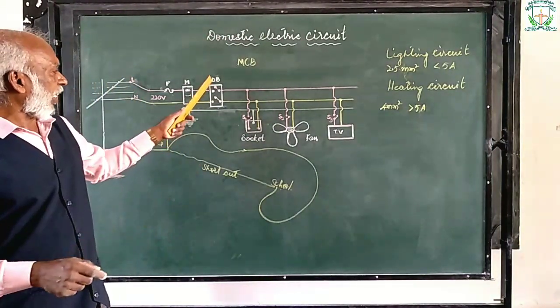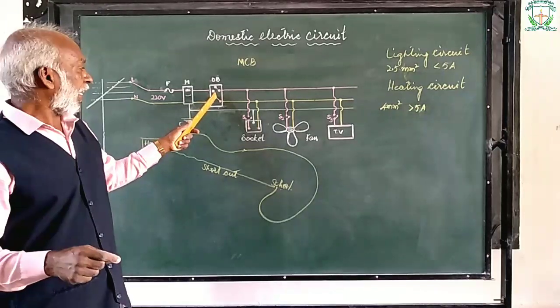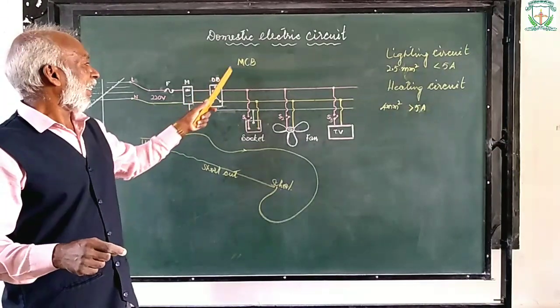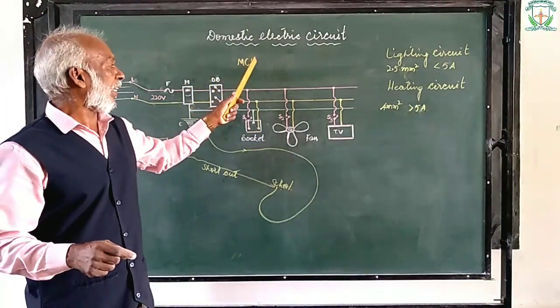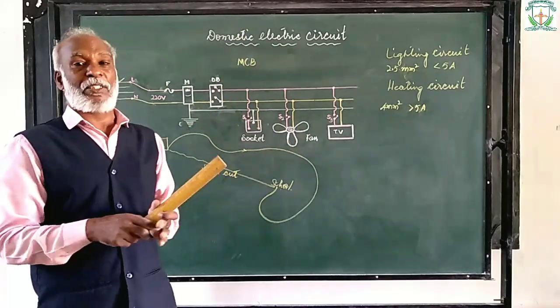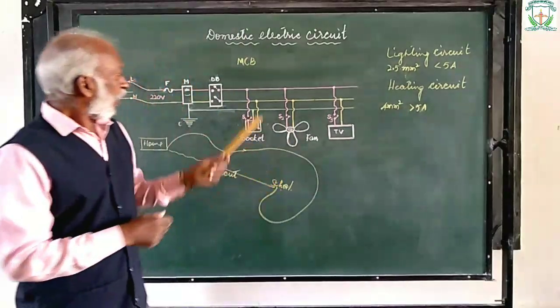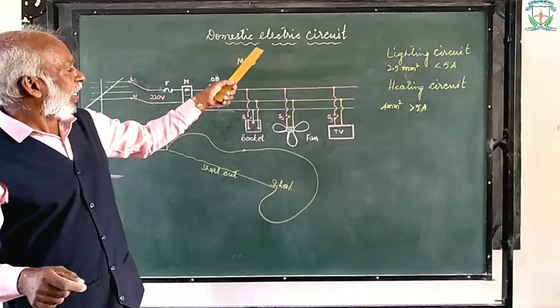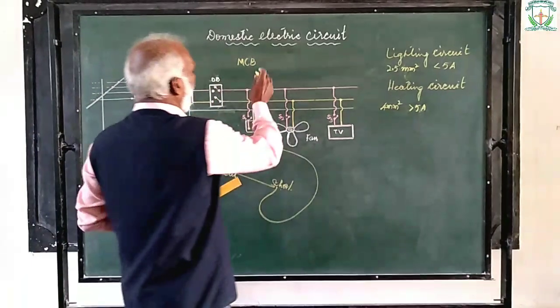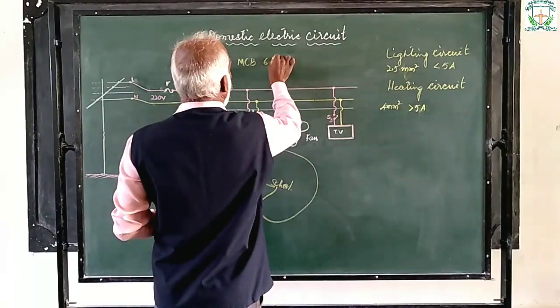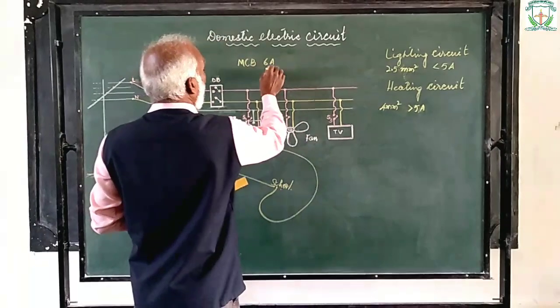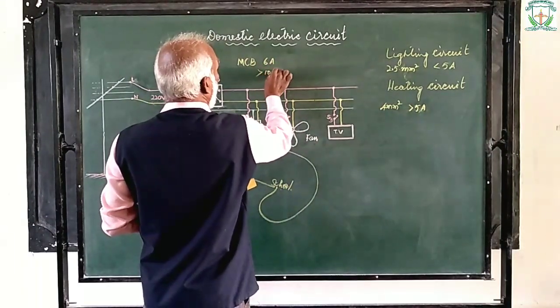So to avoid a short circuit accident, suitable miniature circuit breakers should be used in the respective circuits. For lighting circuit, the miniature circuit breaker may be of 6 ampere. For heating circuit, it may be more than 10 ampere.